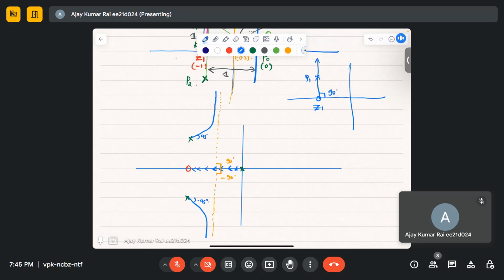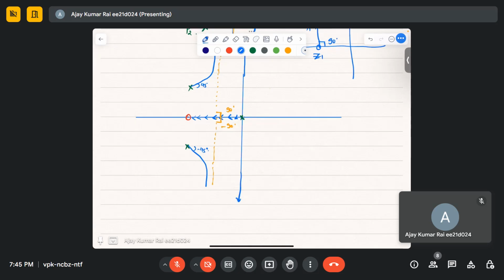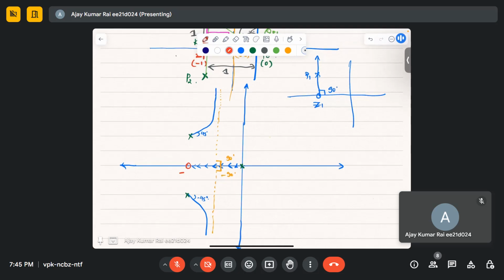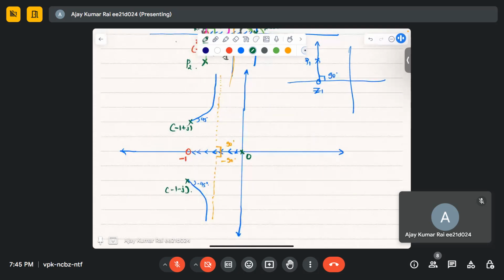Let me complete this. So this is how the root locus will look like. So this is minus 1, this is 0, and this is minus 1 plus j, and this is minus 1 minus j.